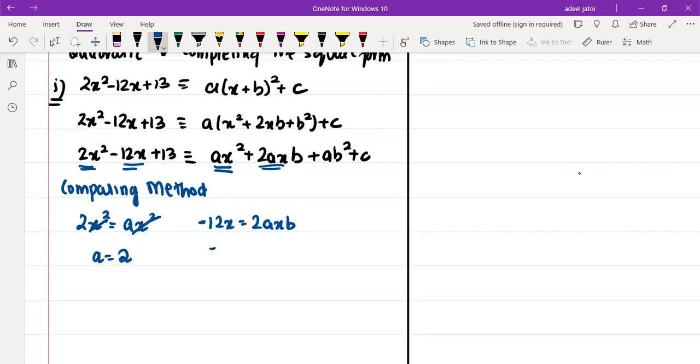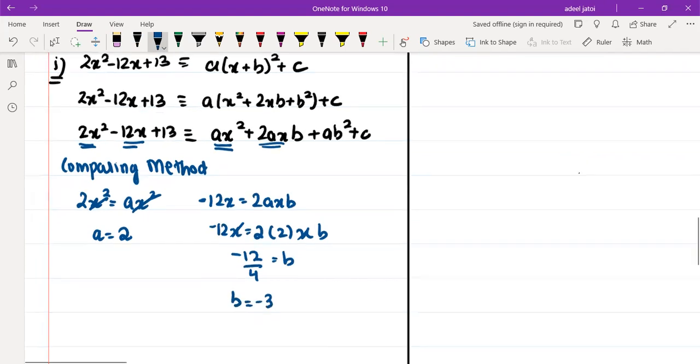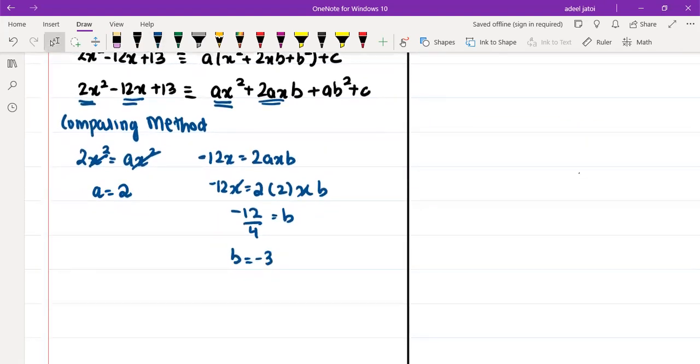So minus 12x is equal to 2, substituting the a value that is taken out, this would be 2x and b. x and x is cancelled. Minus 12 upon 4. So that means b value becomes what? Minus 3.